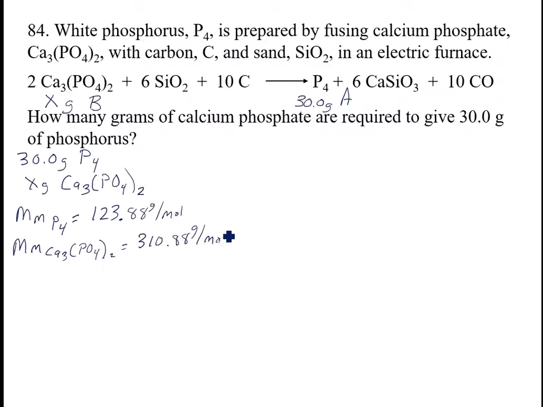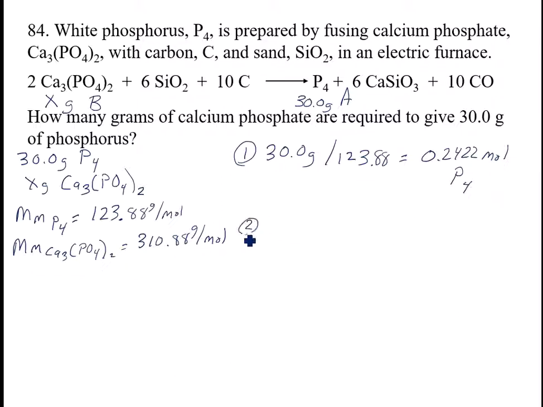Those are just the number of atoms times its atomic weight. So step 1 is to take the mass given, 30.0 grams, divided by the molar mass, 123.88, and I get 0.2422 moles of P4.